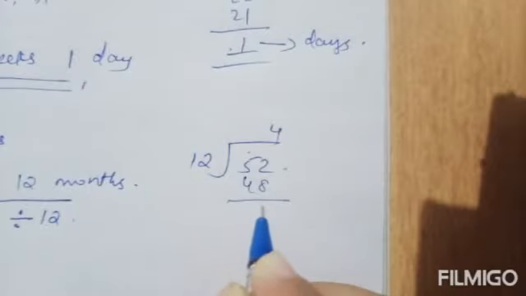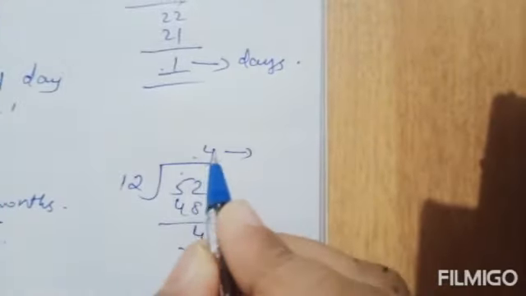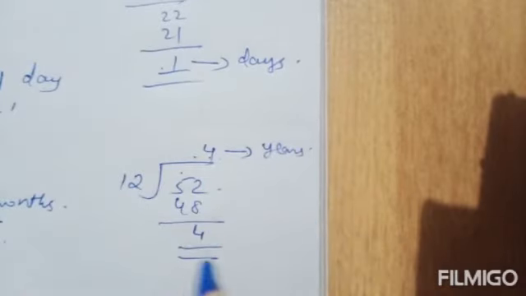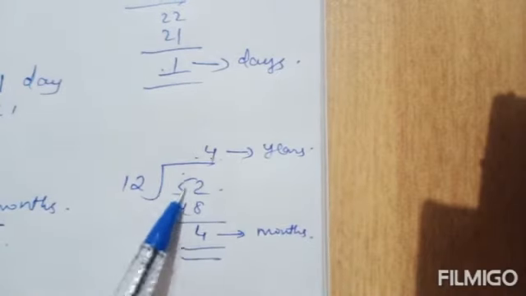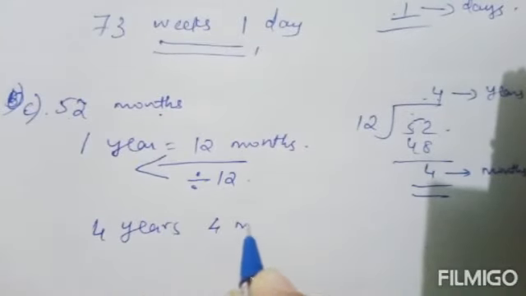Okay, now 12 into 4, 48, remainder you will get 4. So this quotient, these many years will be there, and the remainder, these many months will be there. Okay, so 52 months, it is 4 years and 4 months.